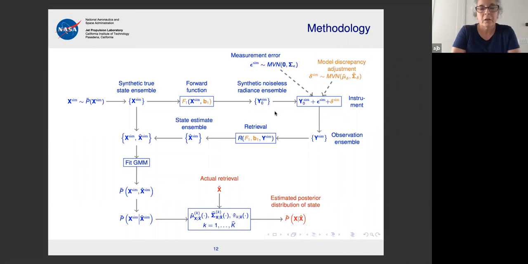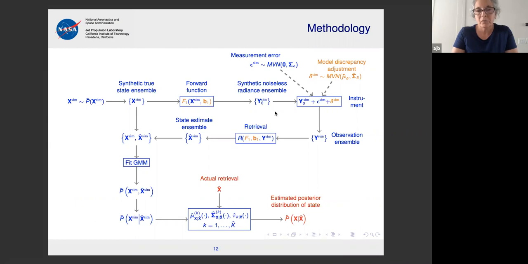In that way, we feel that if we did a good job generating our synthetic ensemble, and if all this works as intended, we've created a predictor of what the distribution of the true state would be given a new retrieval x-hat.